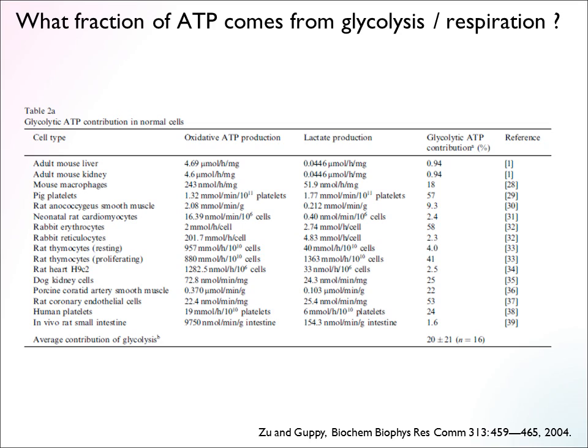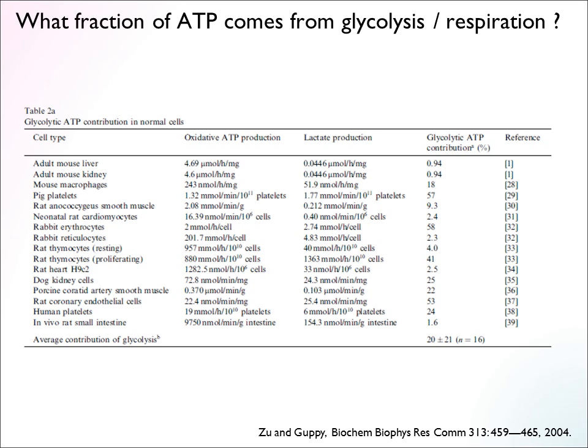There are a lot of numbers here, and it's not super useful to look at all of them. But I would like to focus your attention on this column, which is the fraction of ATP that comes from glycolysis. The take-home message is that it varies a lot. These are all normal cells, by the way. There are definitely cells that are very low on glycolysis, so they derive virtually all their energy from respiration.